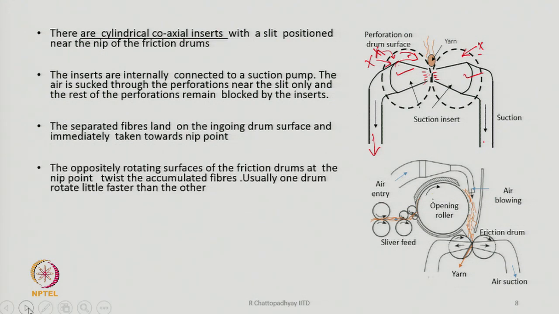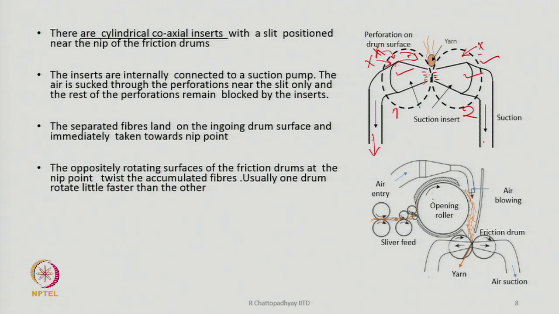The oppositely rotating surfaces of the friction drums at the nip point will basically twist the accumulated fibers. Usually, one drum rotates a little faster than the other. This is drum 1, this is drum 2.